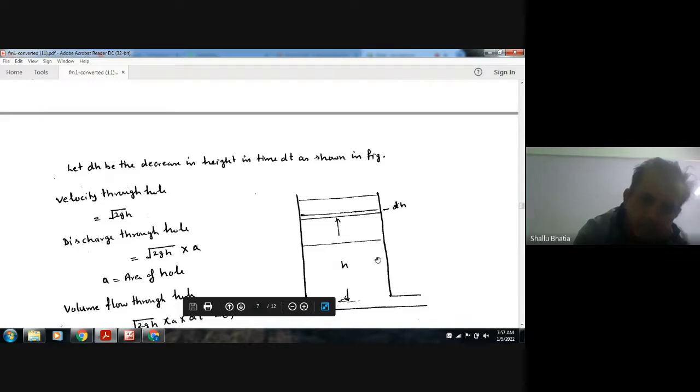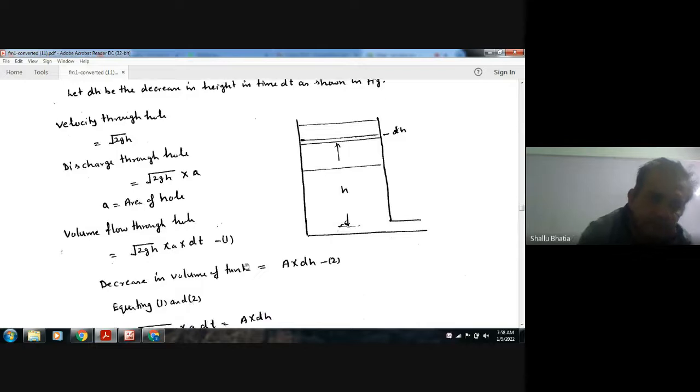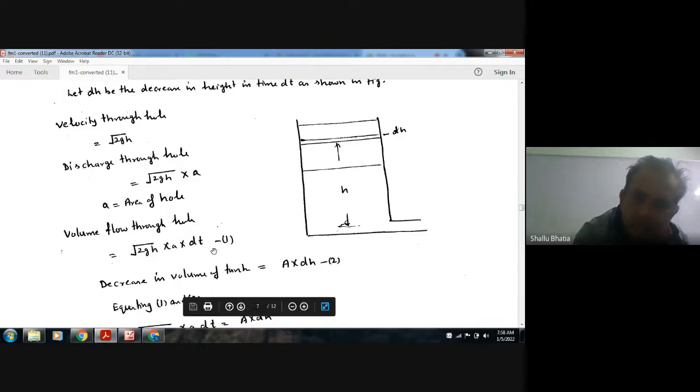As the water is going out, this water level is also coming down by an amount dh into area of the tank. So this decreasing volume of the tank is A into dh, and the volume that is going out of the tank is this. So these two should be equal.